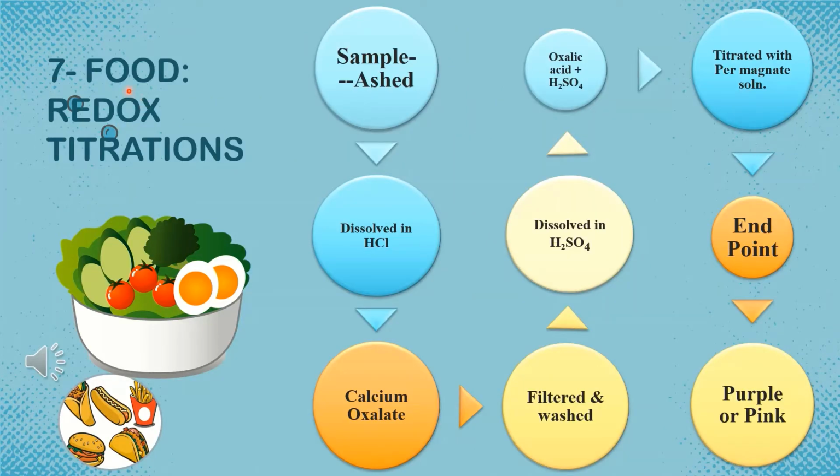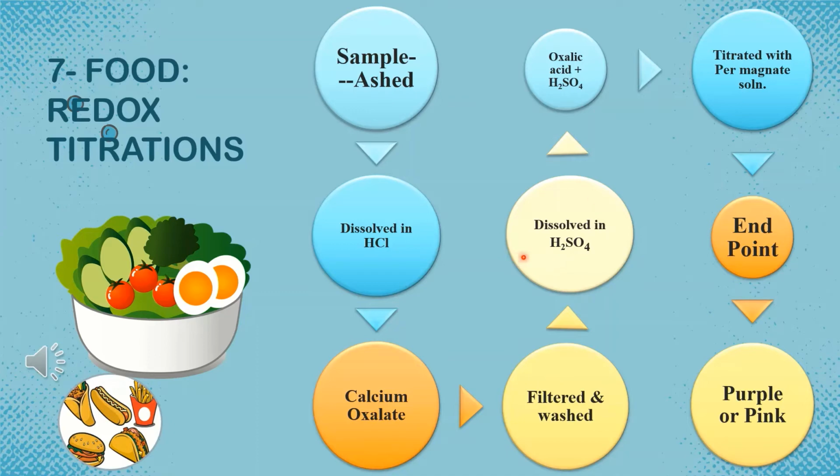Calcium content can be determined by redox titrations, which are titrations in which oxidation and reduction take place simultaneously. The sample is first ashed, and the ash is then dissolved in HCl to precipitate calcium as calcium oxalate. The precipitate of calcium oxalate is then filtered out and washed, and after washing, it is dissolved in sulfuric acid.